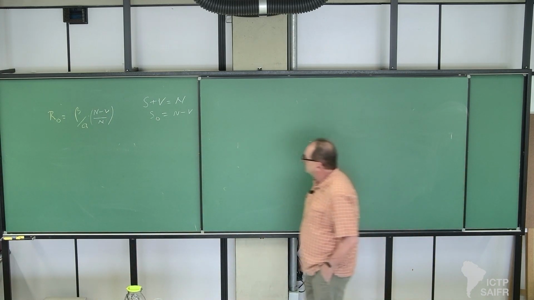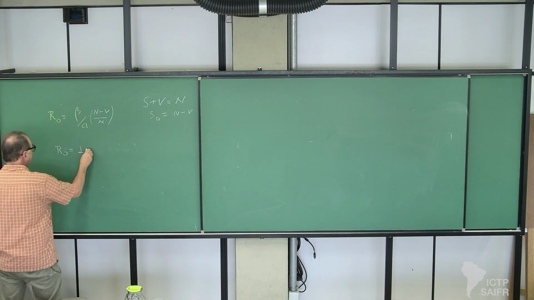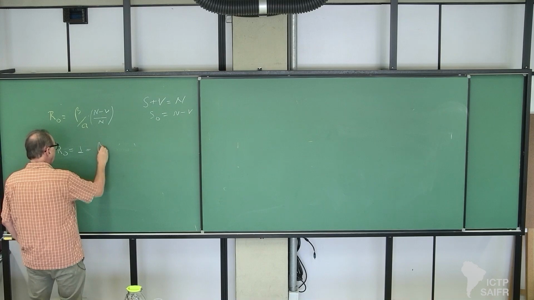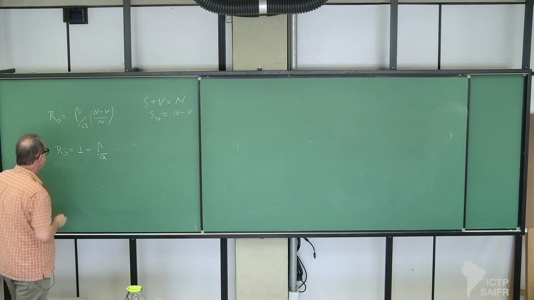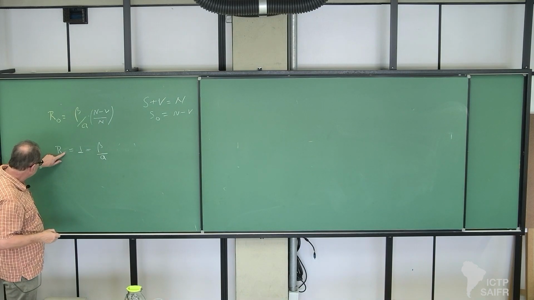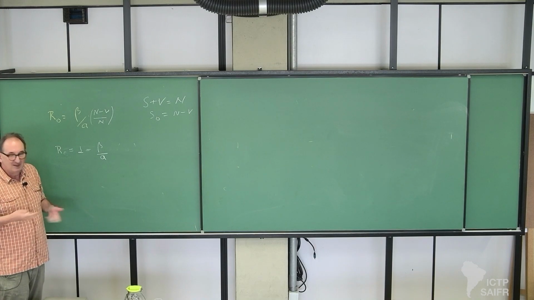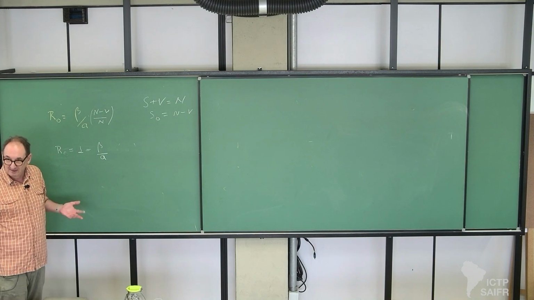Now the threshold value R equal to 1 is equal to beta over A, times 1 minus V over N. Let's call it just R, because R0 refers to the totally pristine, totally susceptible population.